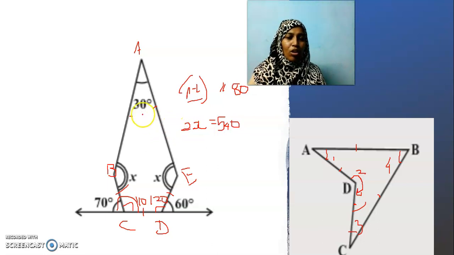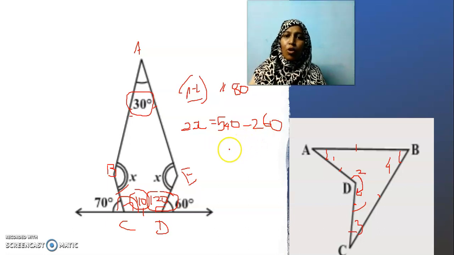Here I will have the 30, 110 and 120. Add these 3 angles now: 200, 230, 260. I will subtract that 260 now.